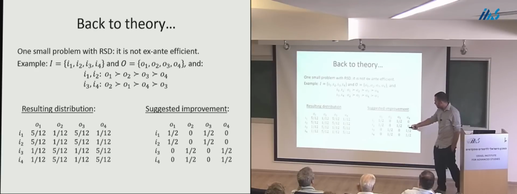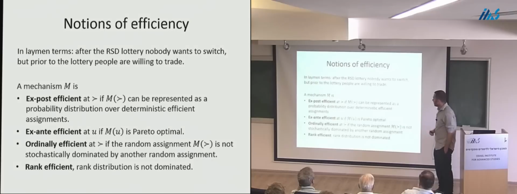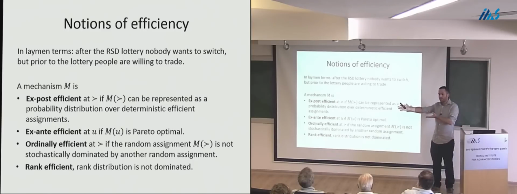And each of the agents here is happier than they were before, okay, under this allocation compared to this allocation. So in layman's terms, random serial dictatorship gives an allocation such that nobody would like to trade when you already have the allocation, but people would want to trade before the lottery is conducted.